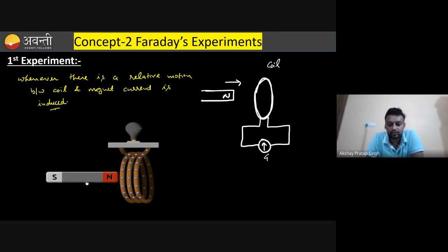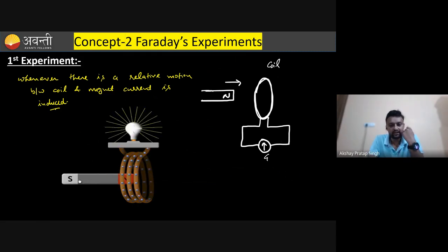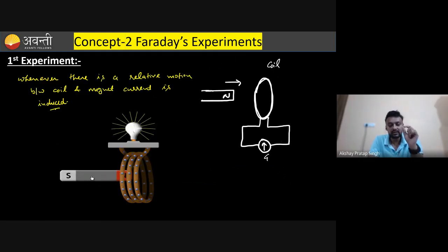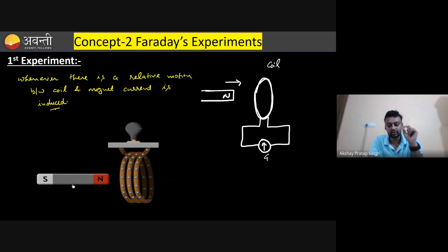Current is induced. Now, there is one more experiment associated with it that you can see on the next slide. So remember one thing: whenever there is relative motion, it's not about motion, it's about relative motion.